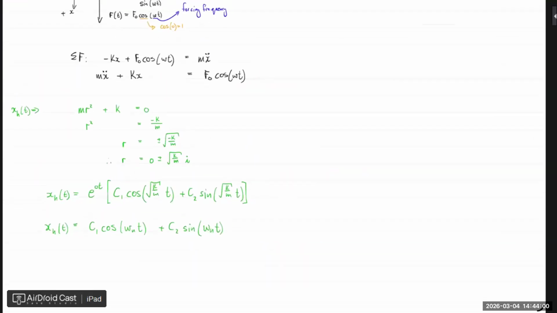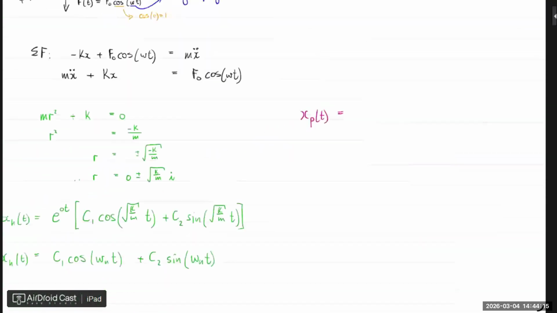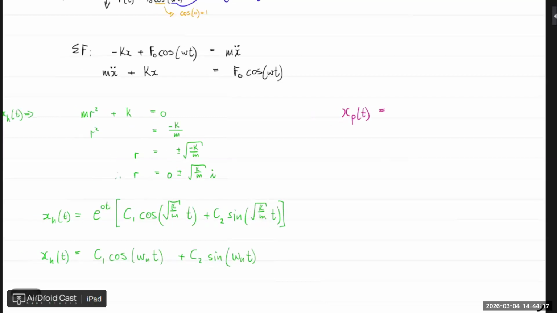All right. So for a particular solution, we need to first guess. Remember the guessing method. We need to first guess what we're going to make the particular solution. Now, because there's a cos already involved there, I'm going to use cos.